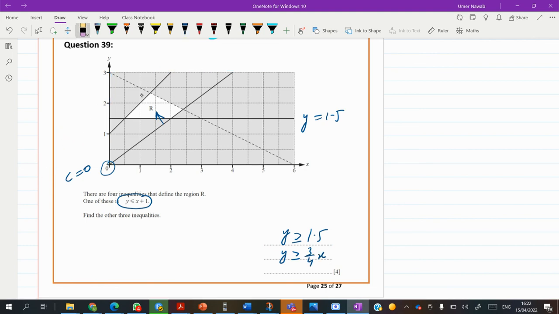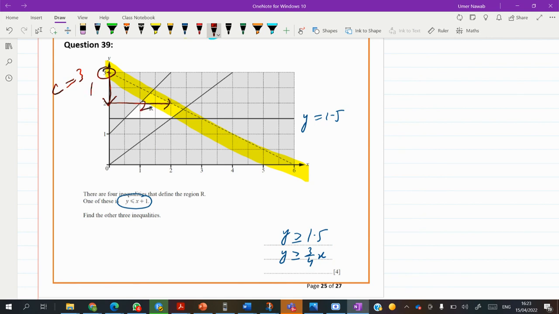Come to the last one now. The last one is this dotted line. So the y-intercept is 3. Let us check the gradient. It's 1 unit down and 2 units to the right.